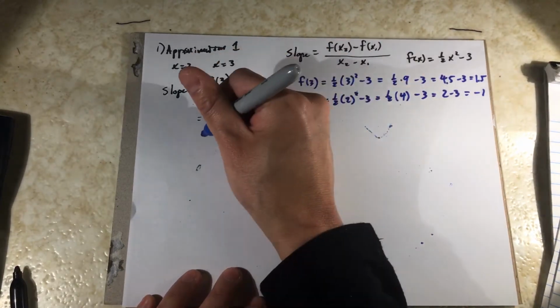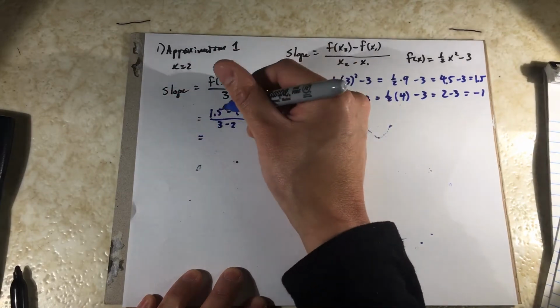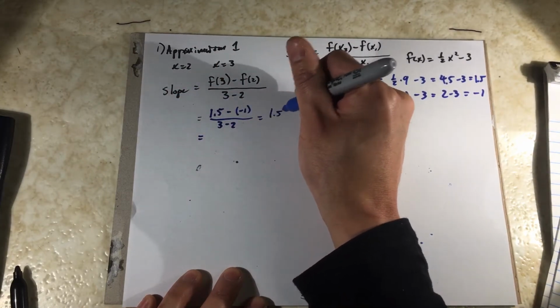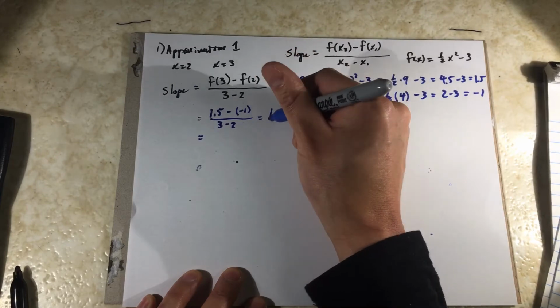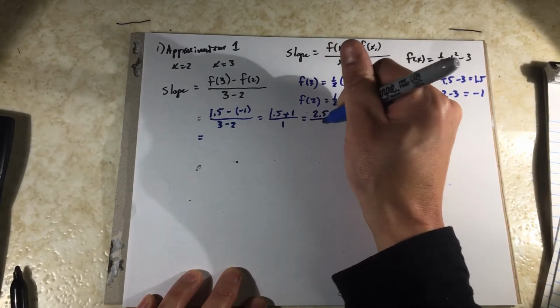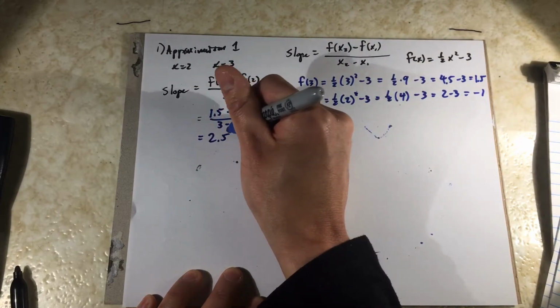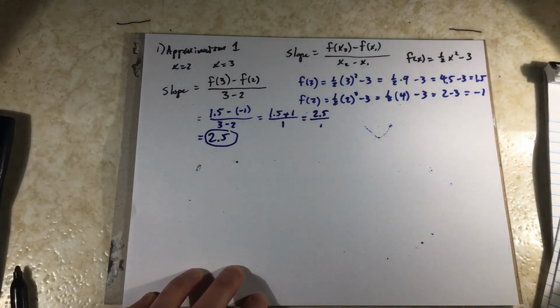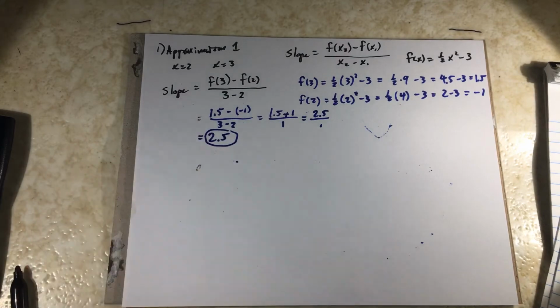And when we calculate that, we get 1.5, this is a double negative, so that's plus 1, over 3 minus 2 is 1. So this is 2.5 over 1, so the slope is 2.5. Okay, so that's our first slope.